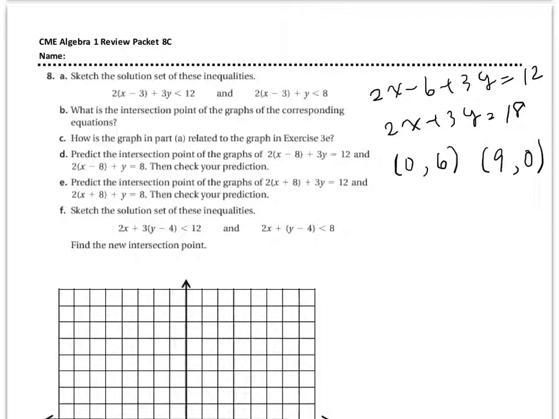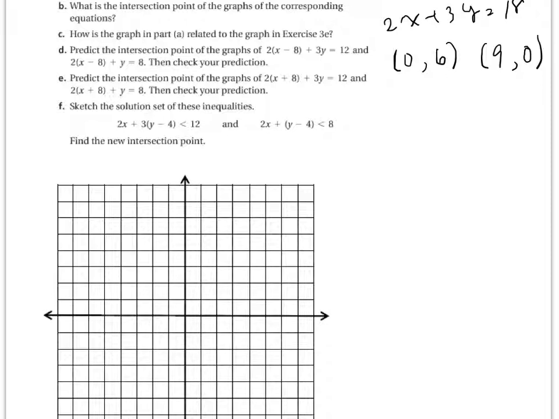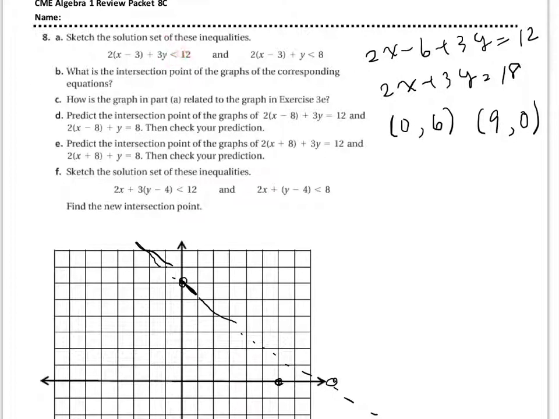So you plot these two points, (0, 6) right here, and (9, 0) somewhere over here, and then you can draw a line. Those are going to be the line right there. You use a dotted line because the original problem is less than, but you don't have an equal sign.